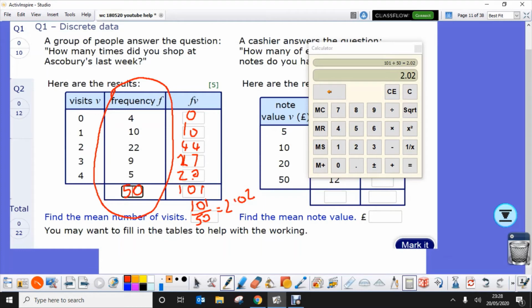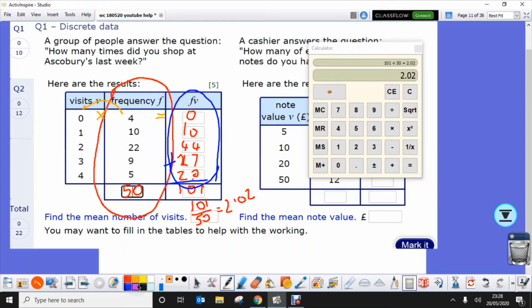So if you think, step 1, multiply these across to give you that value. Step 2, sum all of these values up.